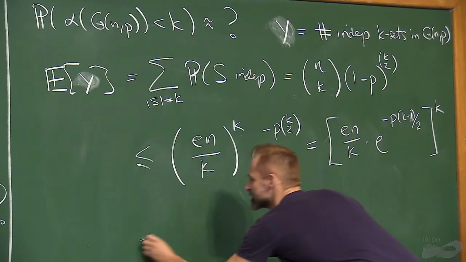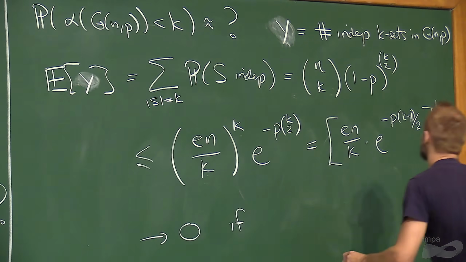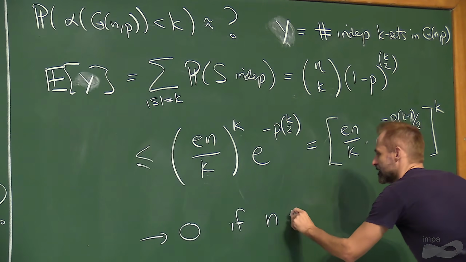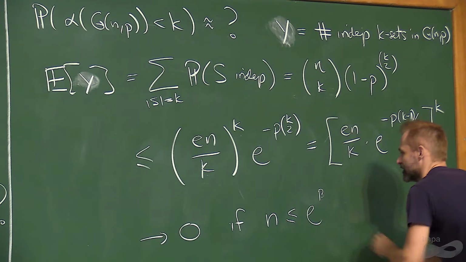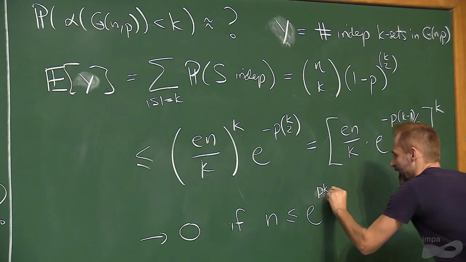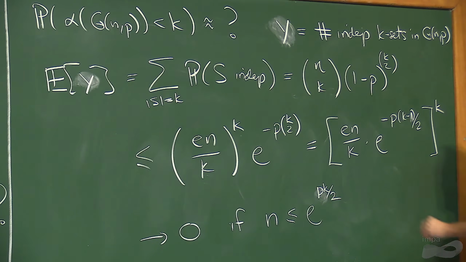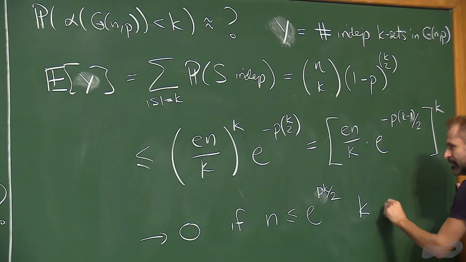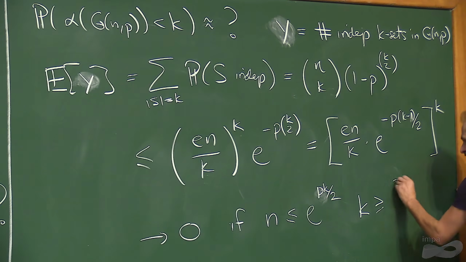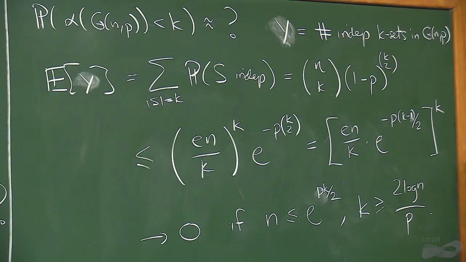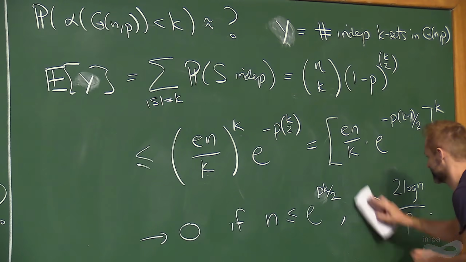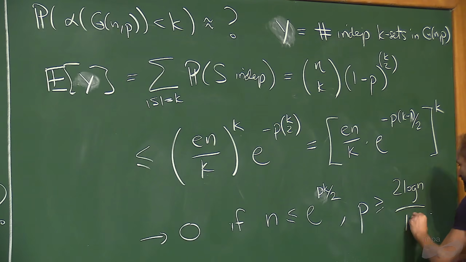So this tends to 0 if n is at most e to the pk over 2. The same thing as k is at least 2 log n over p. Or sorry, what is p, right? p is at least 2 log n over k.